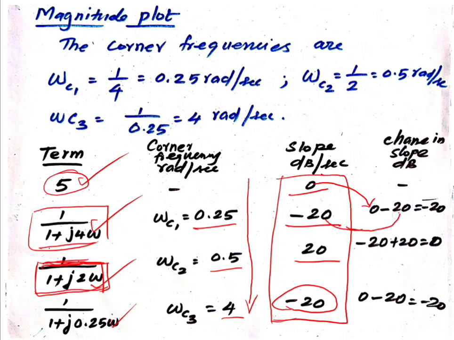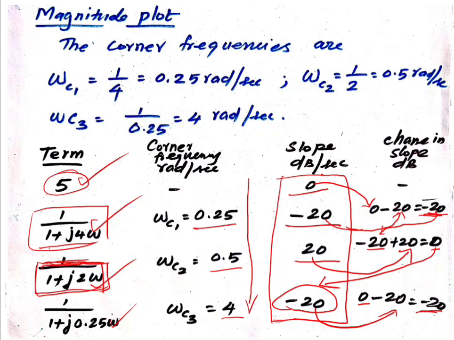We add these two slopes and get the new slope, -20. Then the next term: we take this new slope and add the next term, that is -20 + 20, which is equal to 0. This is the new slope. Now we add this one and the last one, so 0 - 20 is equal to -20.